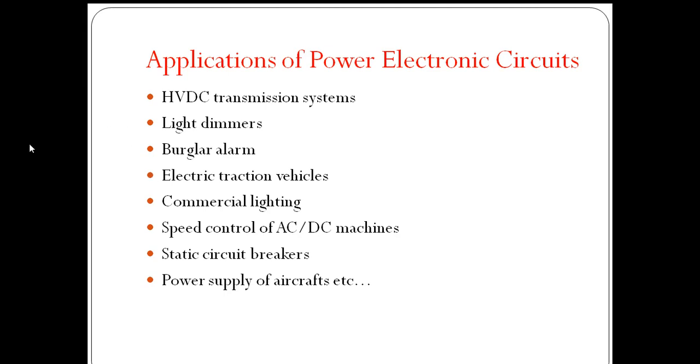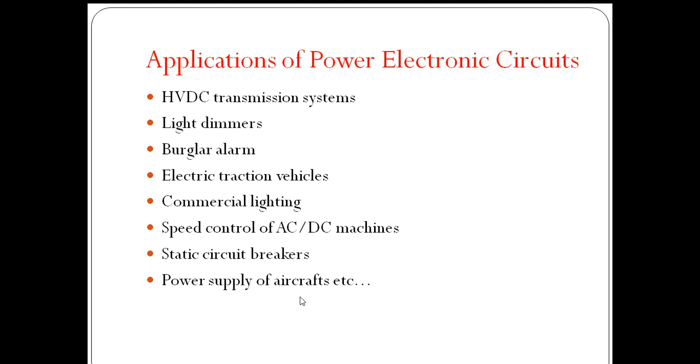These are used in electric traction vehicles such as tram cars, trolley cars, subways, electro locomotives, etc. And these are used in commercial lighting and also speed control of AC and DC machines, static circuit breakers, and also in power supply of aircrafts.